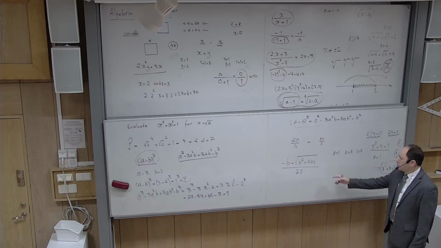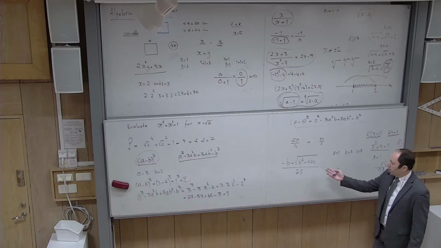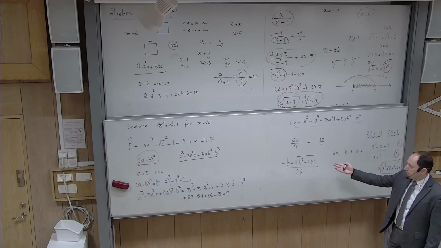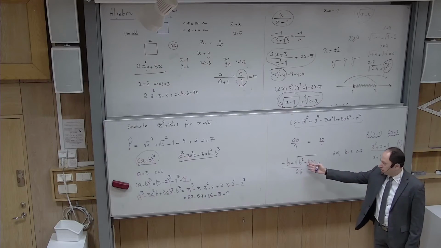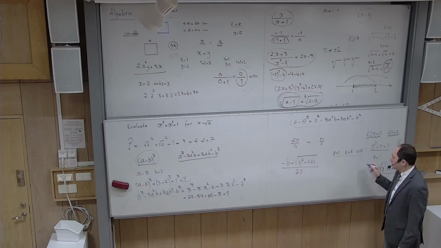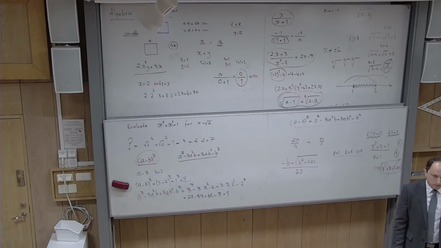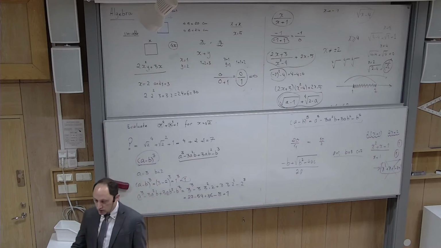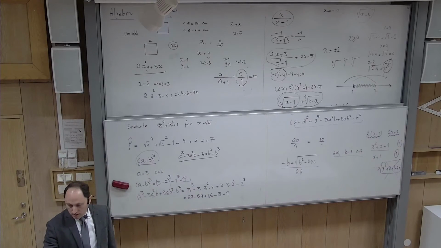So the question is: evaluate this algebraic expression, which contains some operations and 3 variables a, b, and c, for these values of a, b, and c. Let me just pause recording so that you can also see how it works.